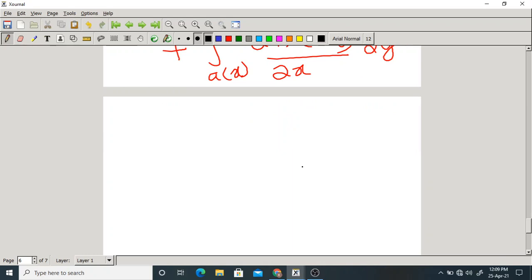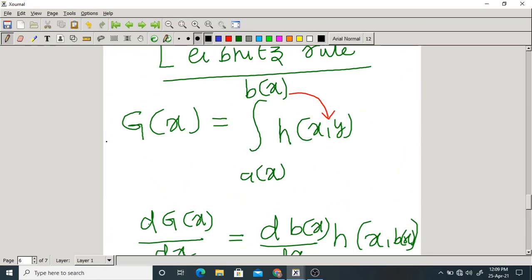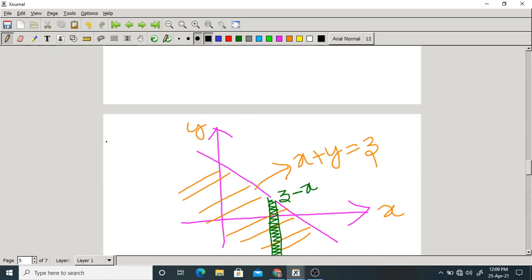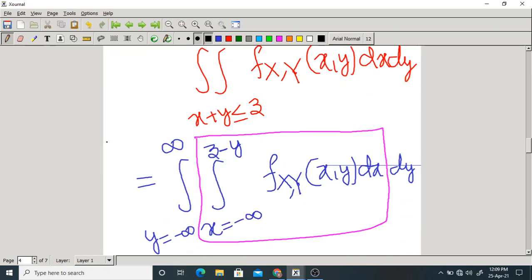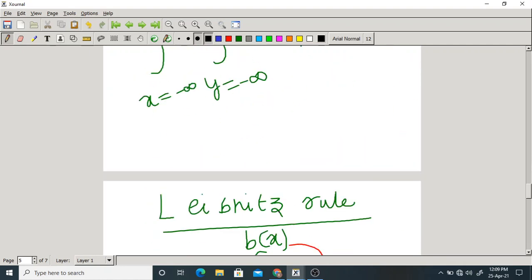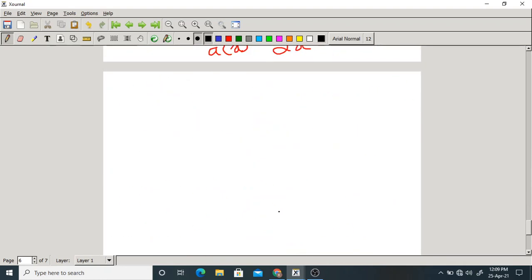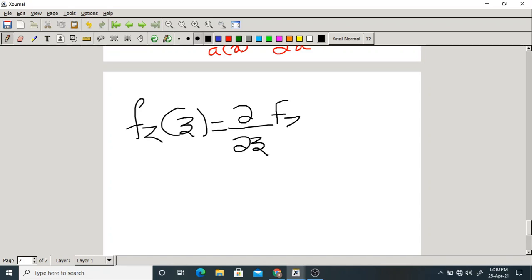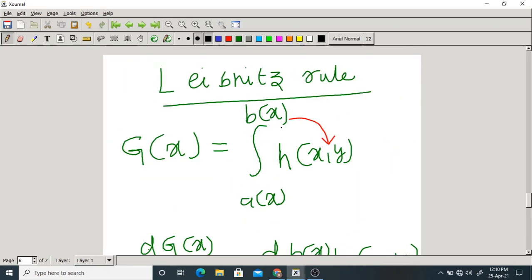If you apply that rule, remember what we have here. This is nothing but the CDF of Z, that is F_Z of z. If you want the PDF, we differentiate the CDF, so f_Z of z equals the partial derivative with respect to z of its CDF. To find this differentiation, we use the Leibniz rule.